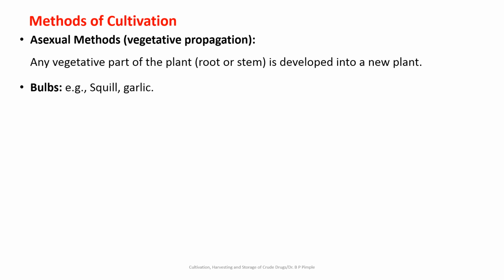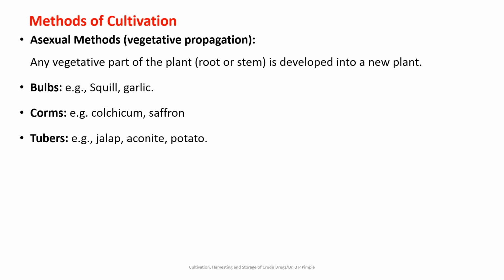Examples for this are bulbs like squill, garlic, or sometimes onion, but onion is very rarely cultivated by using bulbs, but garlic and squill are cultivated with this method. Corms are underground stems of the plant, and in this way, colchicum and saffron are cultivated.